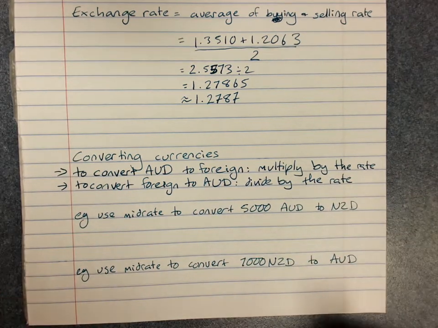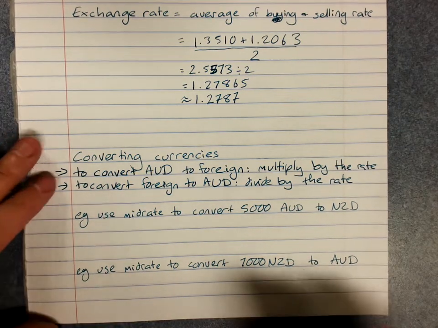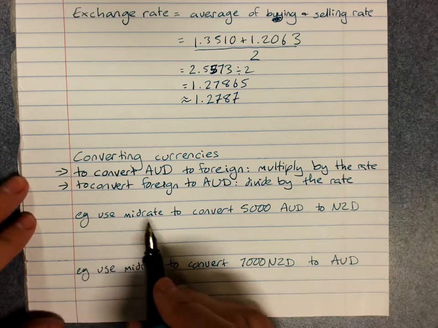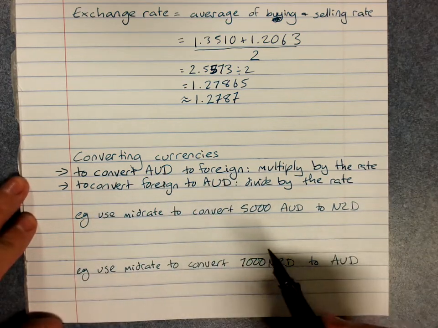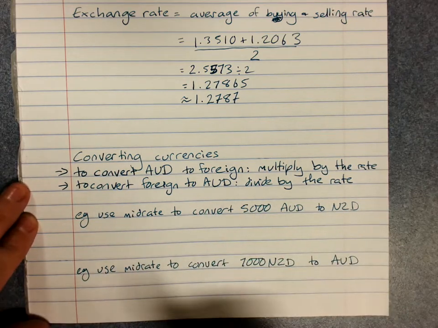Now if you're in a different country and the exchange rate was focusing on their own currency, then we've got a different matter. But this works when the table, as for the textbook here, is about buying and selling Australian dollars.